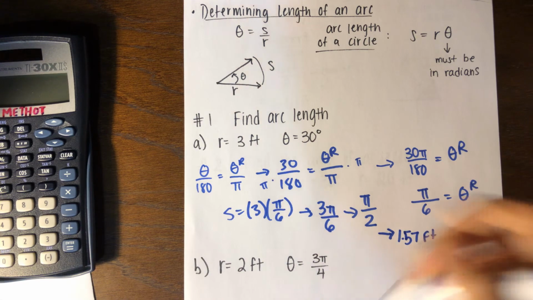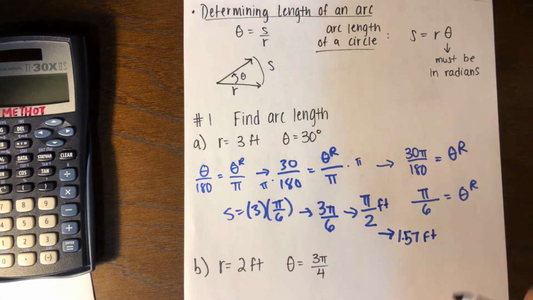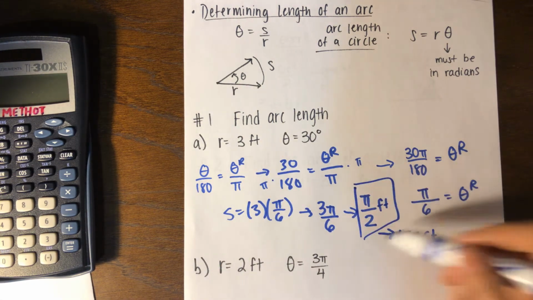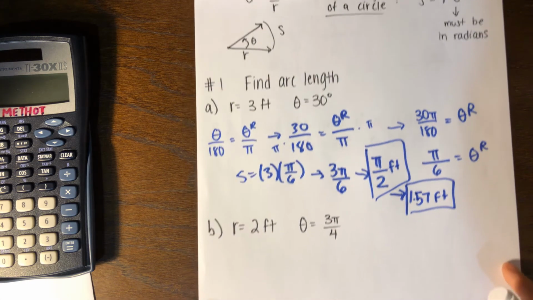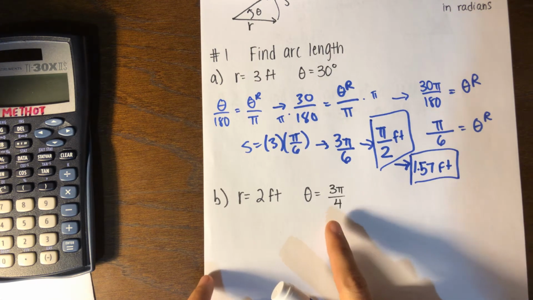And then we were talking about feet. So you either leave it like this or you leave it like this. But remember, in the real world, when you're giving dimensions, you really wouldn't tell people pi over 2. You'd say 1.57 feet.